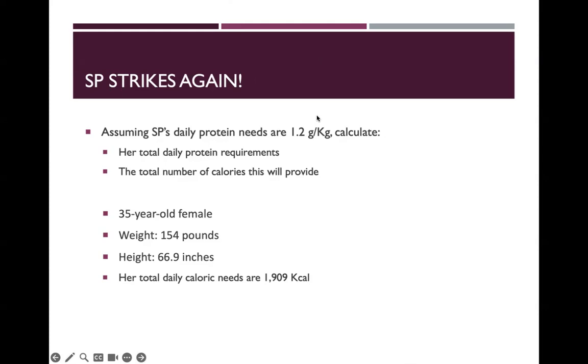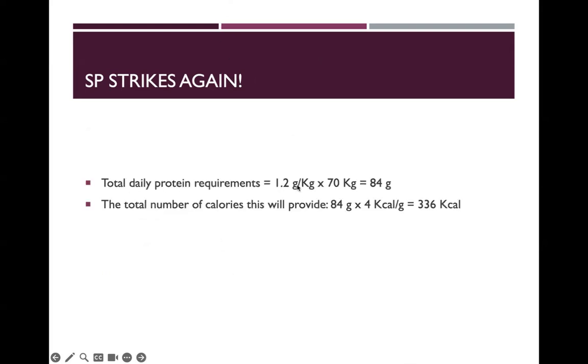Okay, getting a lot of votes for 336. So we said 1.2 gram per kilogram, 70 kilograms, so that's 84. Total number of calories is 84 multiplied by 4. That's 336. Easy math.